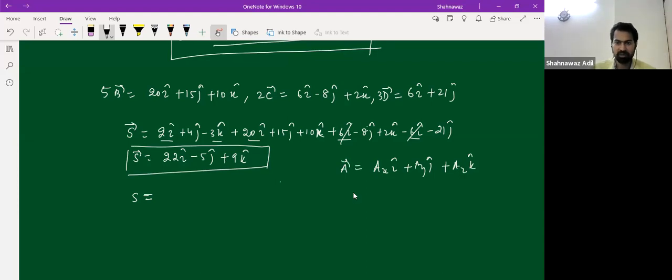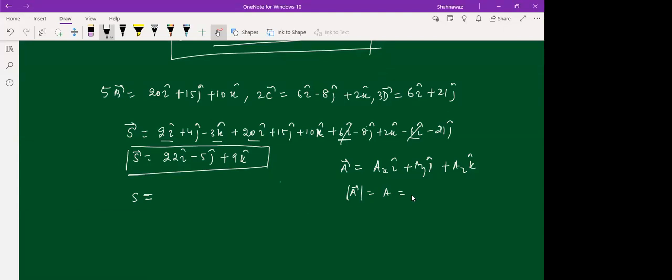What is the magnitude, Nabila, of this vector? You have also forgotten. Okay, then Akif, what would be the magnitude here?